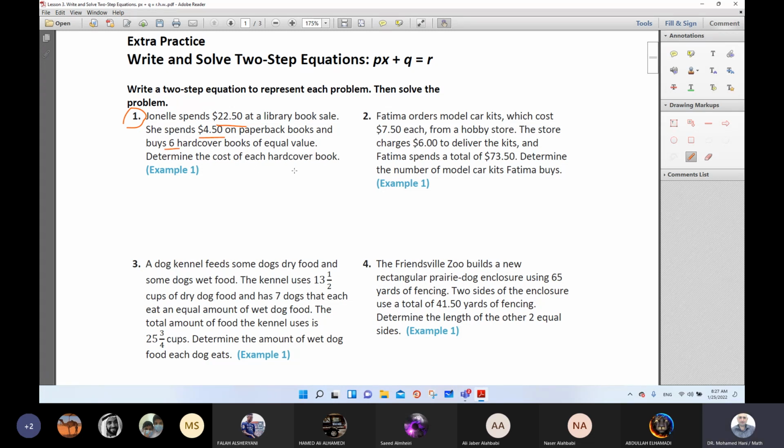Who can tell me what is the equation here? Who can tell me what is the missing value? What is the variable? What is the unknown number here?